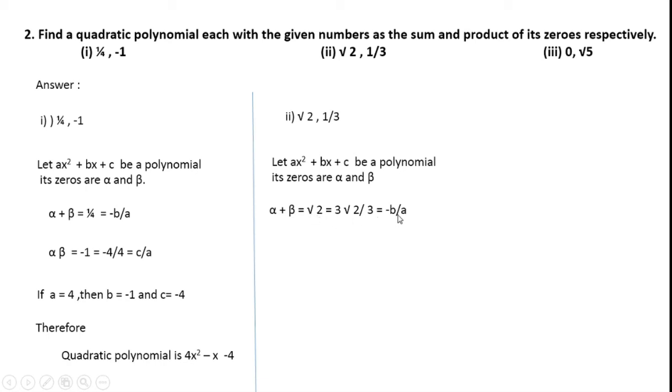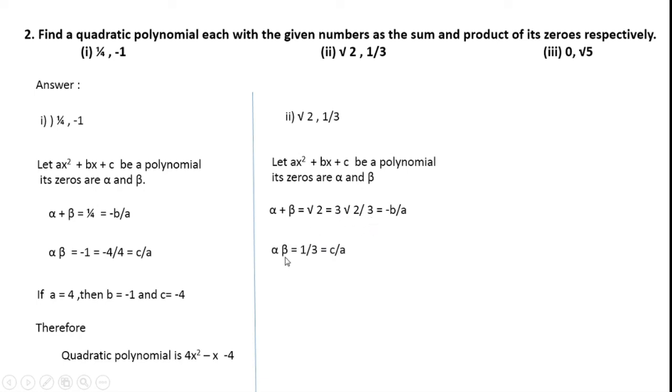The sum is minus b by a. So this root 2 we can write as 3 root 2 by 3. How? See here, the product is c by a. The a is 3, so in this also a is 3. So we multiply and divide by 3.